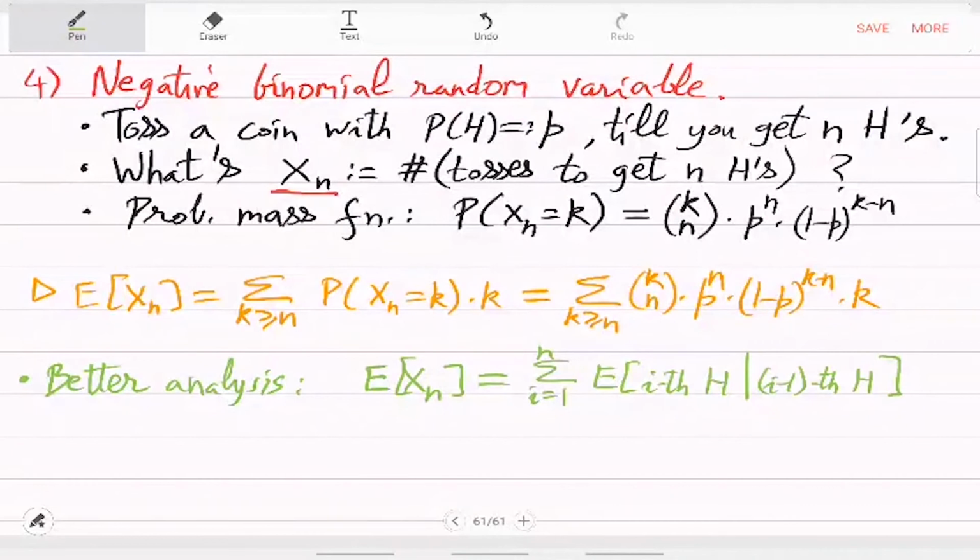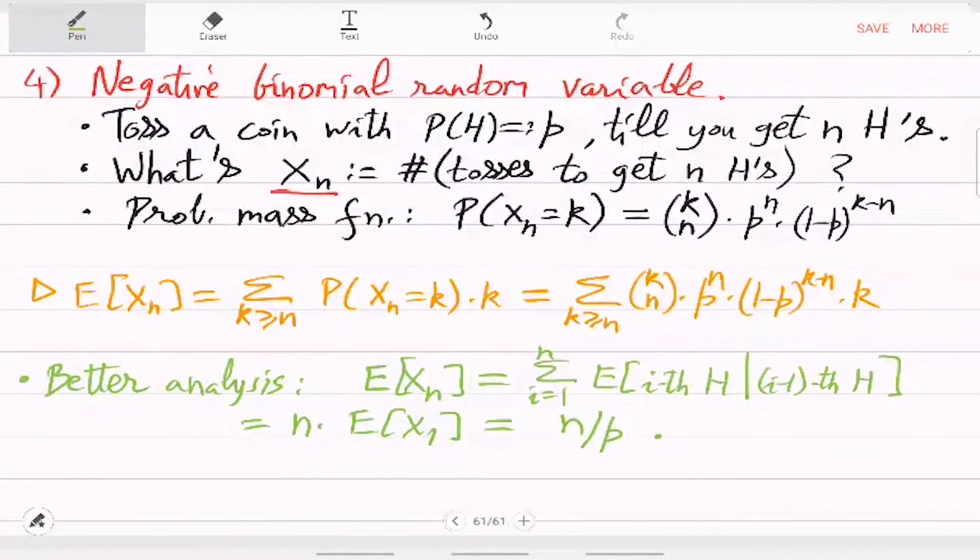So, first head, then after the first head, how far away is the second head, after how many tosses, then after the second head, how many coin tosses required for the third head, and so on, right. You can actually break up the expectation in this sequence, and that is n times expectation of x1, which is n over p.